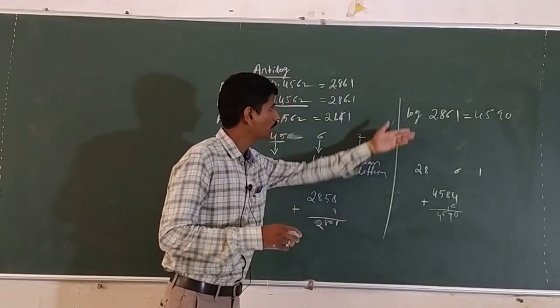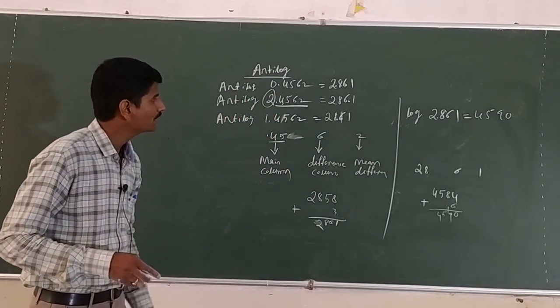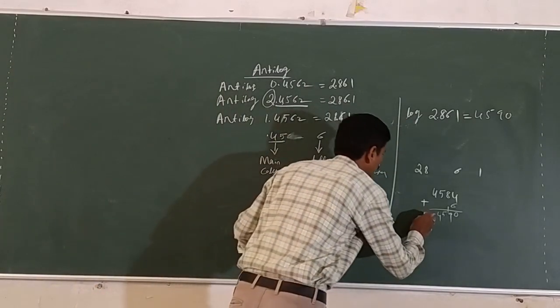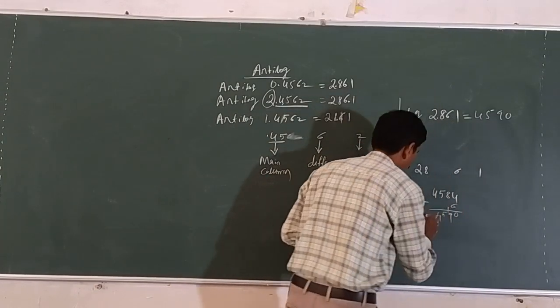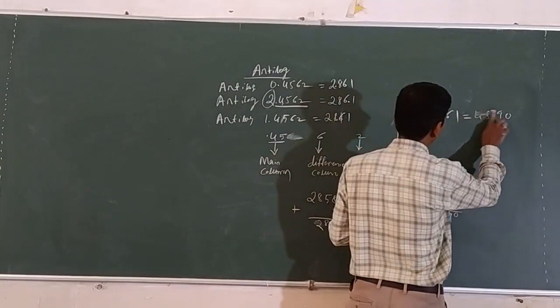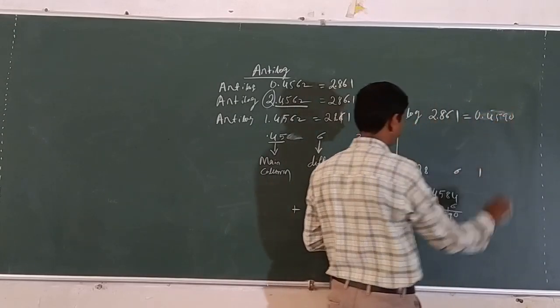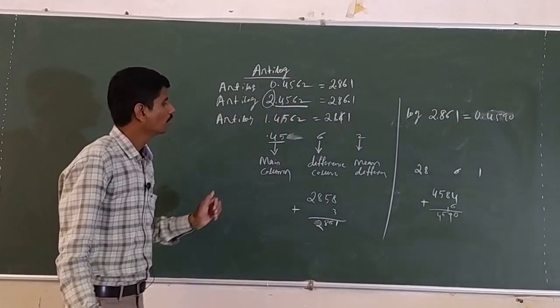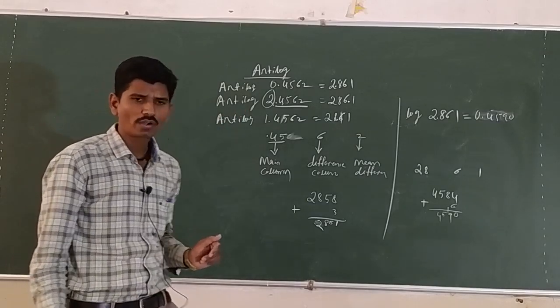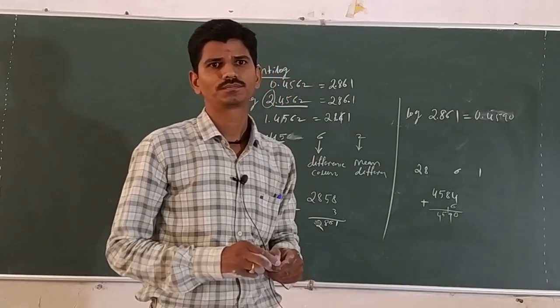The number of digits is 1, and 1 minus 1 is 0. Then we will get 0.4590. Okay, it is about log and anti-logarithms.